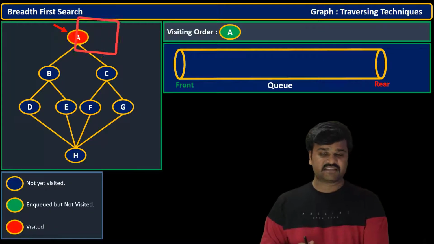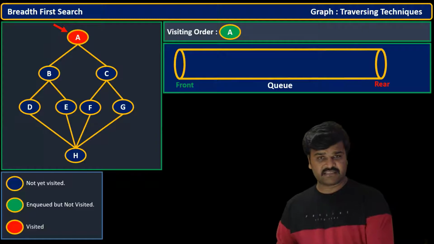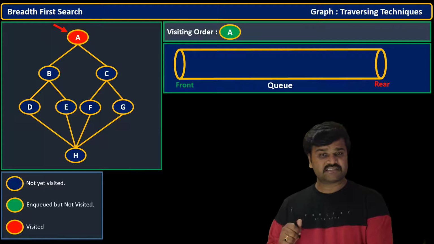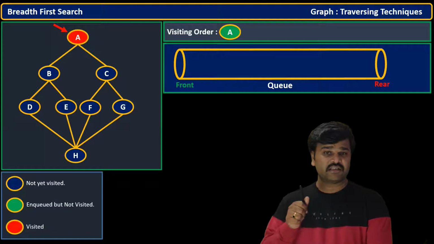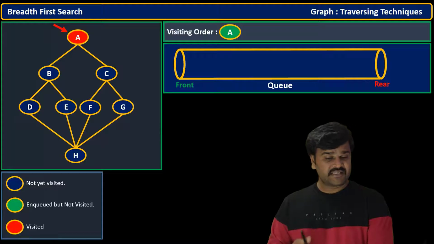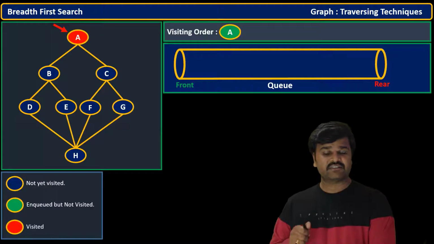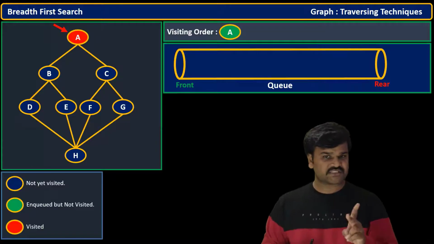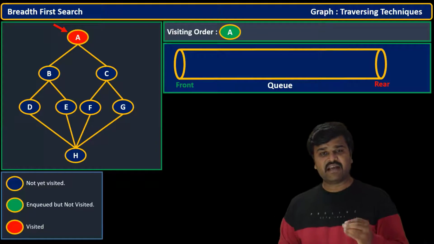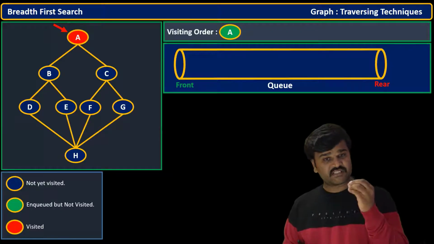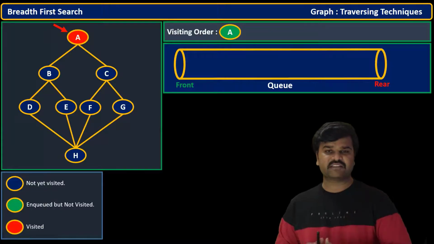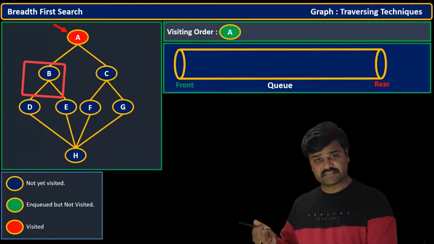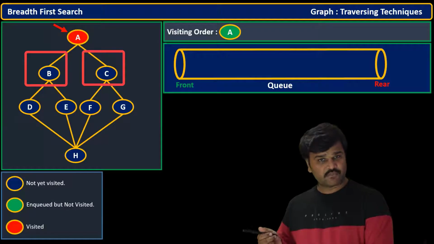After changing its color to red, which means we visited it, what you have to do? Identify all adjacent vertices which have the color blue. That means identify the vertices which are not yet visited and not yet enqueued, both. So simply, identify the vertices which are not enqueued, that means the blue colored vertices, right? In this case, for A, the adjacent vertices are B and C, and both B and C are blue colored.